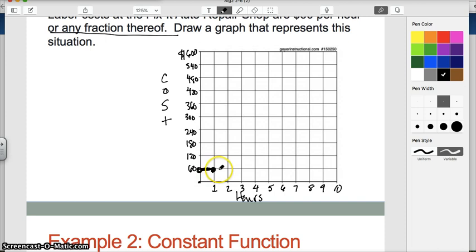And as soon as I go over that hour, boom, I'm being charged $120. And as soon as I get up to 2 hours, boom, I'm going to be charged for 3 hours, and so forth and so on.